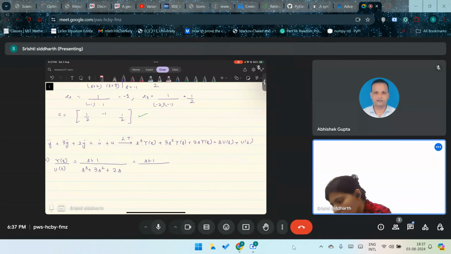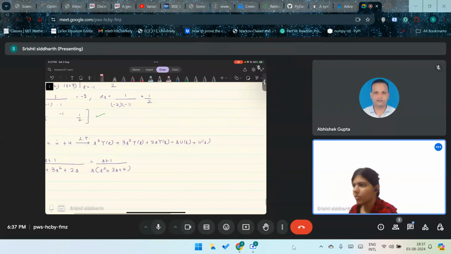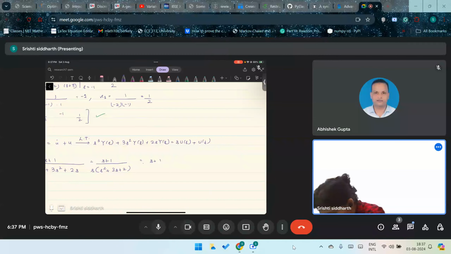Alright, so let's get this down to the general form. We have s common, s squared plus 3s plus 2. Okay, so what are the roots? Okay, so s equals minus 1 satisfies this, and s equals minus 2 is 4 minus 6 plus 2, which is 0.